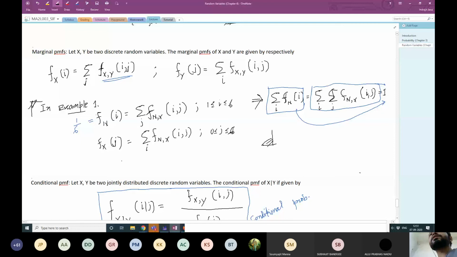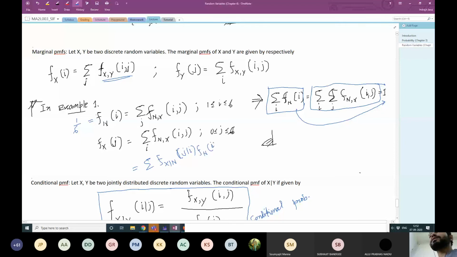One final remark is that when you are calculating the marginals, say f_X(j), which is a summation over the other variable's index i, this can also be done in the following way: f_{X given N}(j given i) times f_N(i), summed over i.